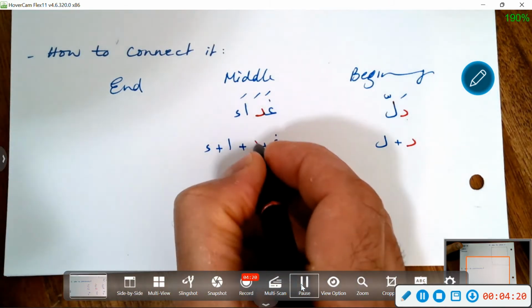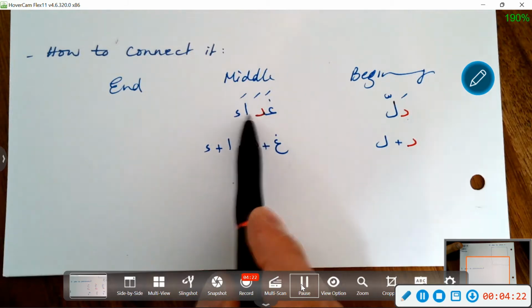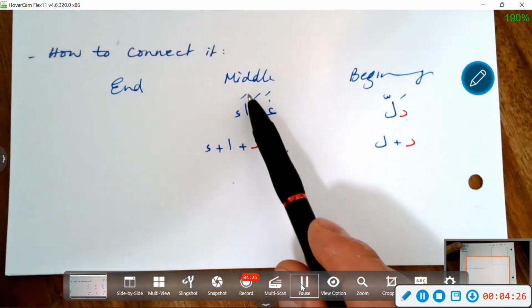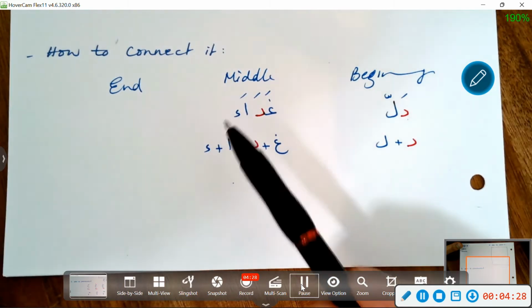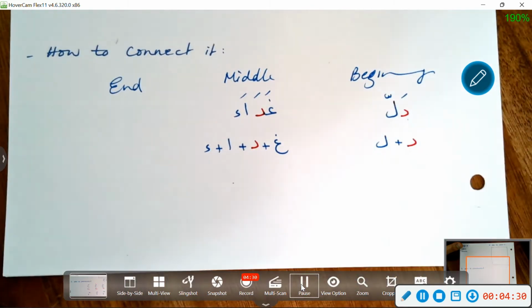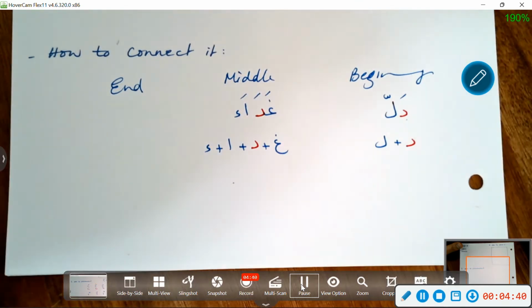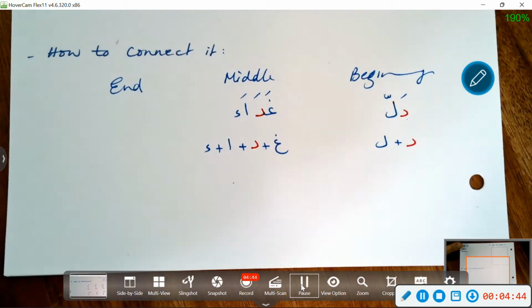Now you may ask me why I have alif and hamza. Didn't we learn that hamza comes at the top of the alif? This we're going to study when we finish all the alphabet. We're going to study the special case of alif and hamza, because these two things are one letter and two letters at the same time. It's kind of a special case letter.